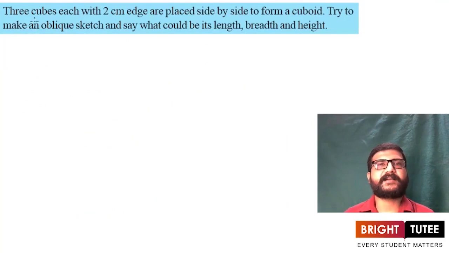Now here is the next question. 3 cubes each with 2 cm each are placed side by side to form a cuboid. Try to make an oblique sketch and say what would be its length, breadth and height.